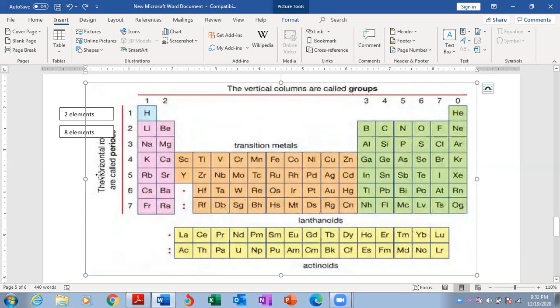Now tell me, how many elements are found in the fifth one? 18 as well. Okay, now the sixth one? 17. 17? Are you sure? Yeah. Okay.